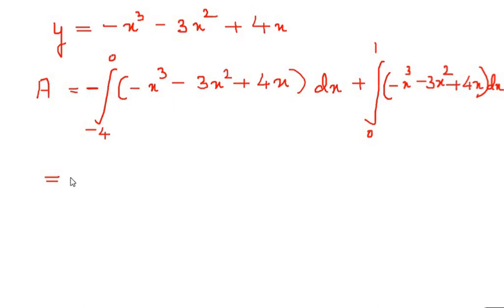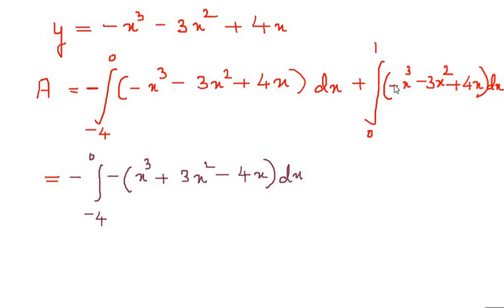For the first one, I'll take the negative common, and here let me just solve it a little bit further to make things easy. I'll take the negative common from this bracket, so it becomes x cube plus 3x square minus 4x dx. And here also I am going to take the negative common out, plus the integration from 0 to 1 of minus (x cube plus 3x square minus 4x) dx.